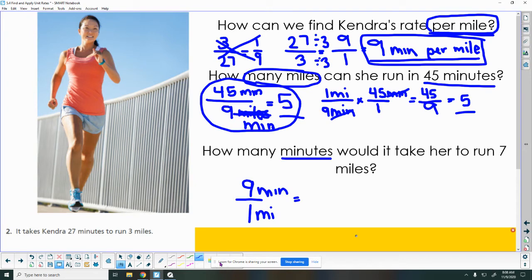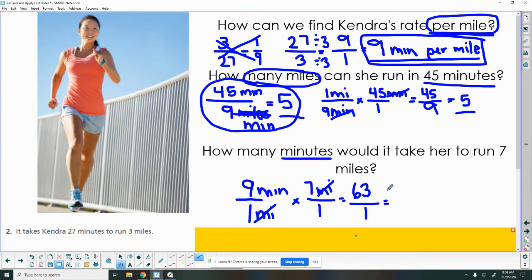And now I know that, didn't mean to put that equal sign. So I want to know 7 miles. And so I'm going to put 7 up here on the top and over 1. So my miles canceled out. So 9 times 7 is 63. 1 times 1 is 1.